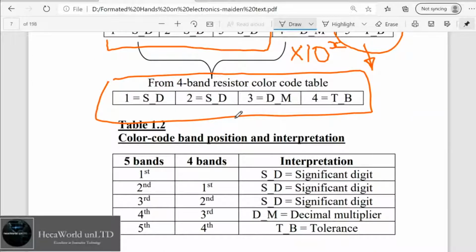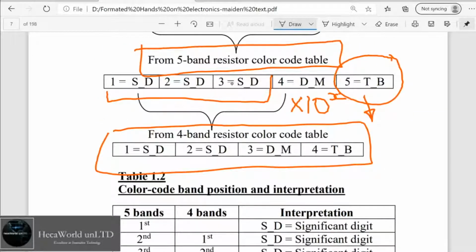But it's similar. So bands 1, 2, and 3 for 5 bands are significant digits. For 4 bands, 1 and 2 are significant digits. Band 3 is the decimal multiplier, and band 4 for 5-band resistors is the decimal multiplier.